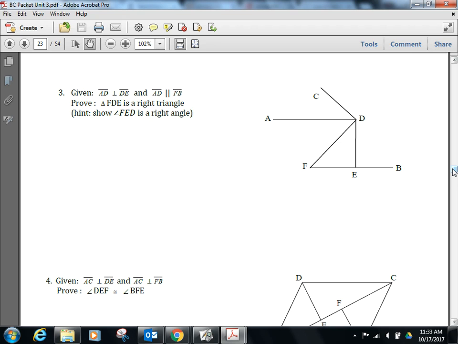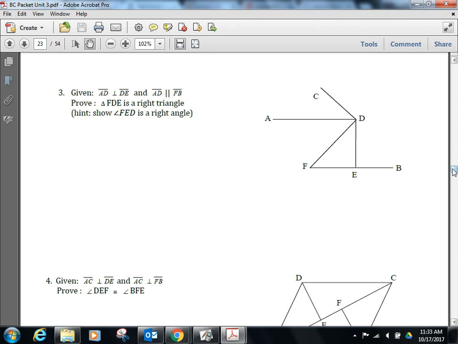But I gave you a little hint. What do all right triangles have? A right angle. You need to first tell me that FED is a right angle, and the only way a right angle is going to be formed is if these lines are perpendicular, which is where we got to today. So you need to show me that these lines are perpendicular, then you have a right angle.